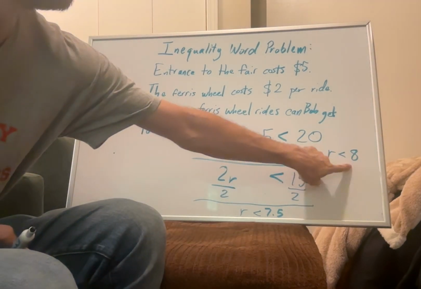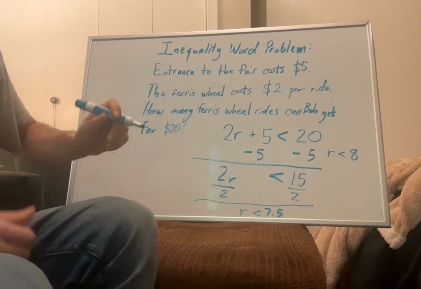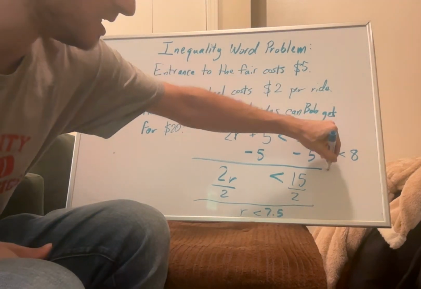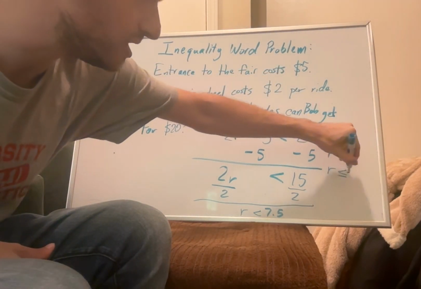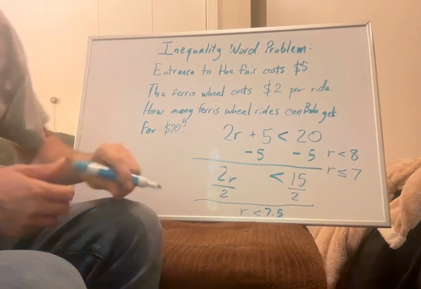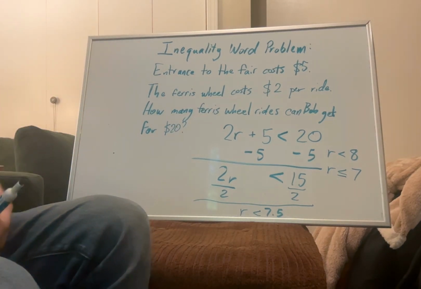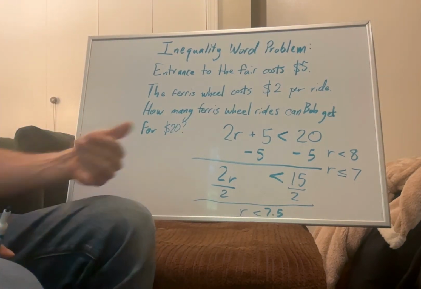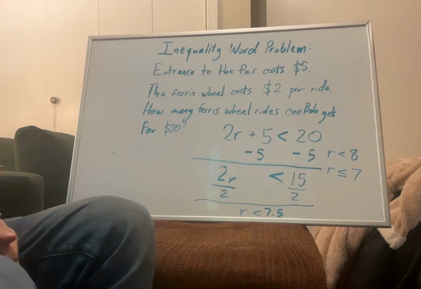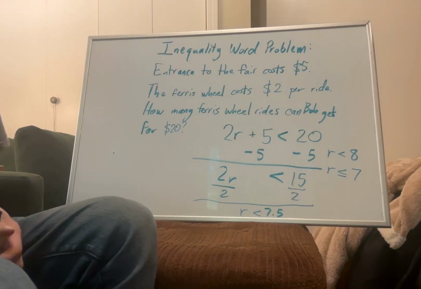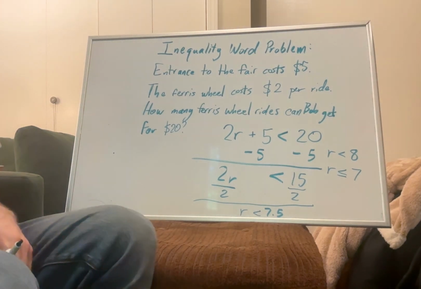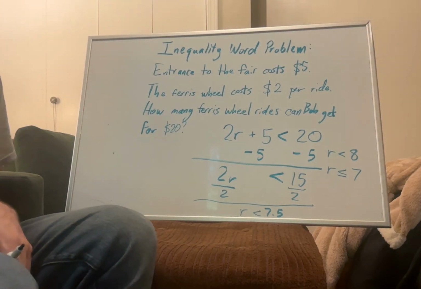And this might make more sense to think about: the other way we could express this is that r is less than or equal to 7. We basically want to say that he can take at most 7 rides. That is the largest integer or whole number that we can represent with this inequality. So in this case, Bob can take at most 7 rides.